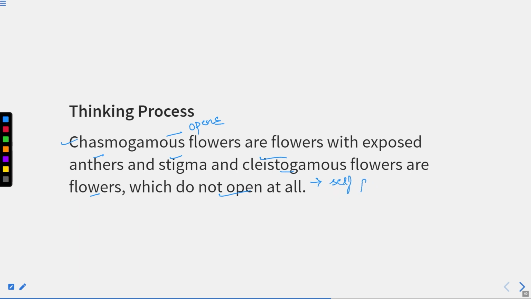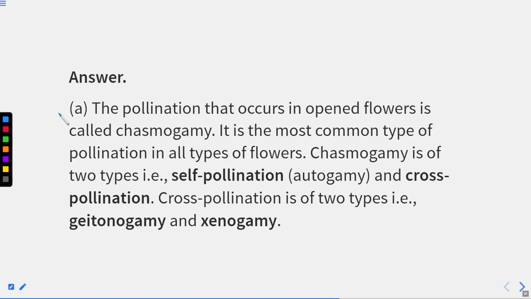Self-pollination, because the anthers and the stigmas are not exposed. So this promotes self-pollination, which is also known as autogamy. Whereas chasmogamous flowers are open, so they can carry out cross-pollination. Now here the answer is option A.